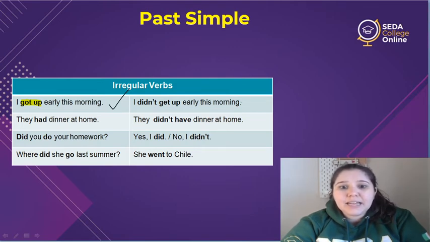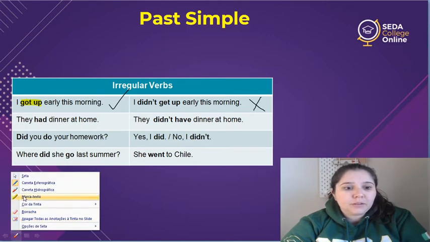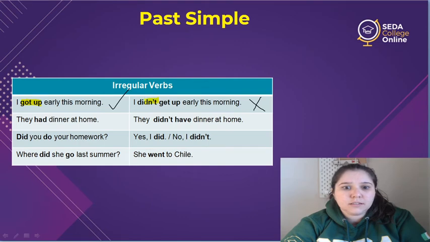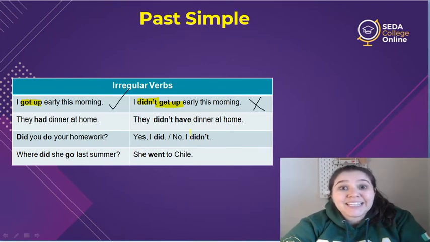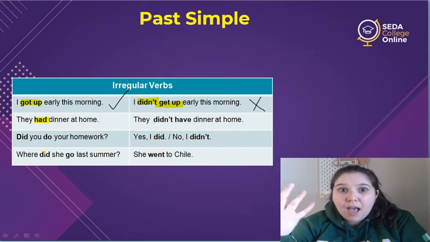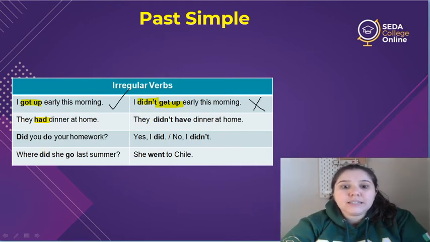I didn't get up early this morning. This is a negative sentence. So again, we use didn't, and the verb in the base form. I didn't get up. Second, they had dinner at home. So had is the past of the verb have. They didn't have dinner at home. Didn't and then the base form have.